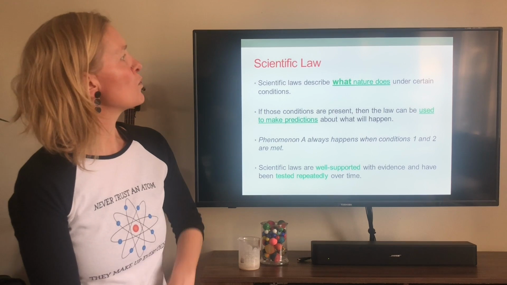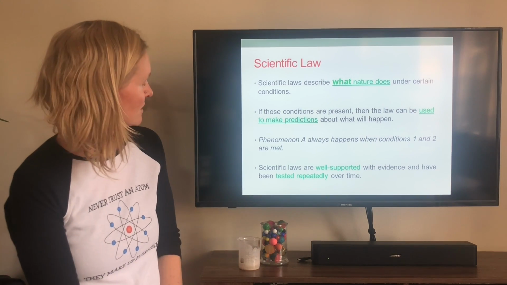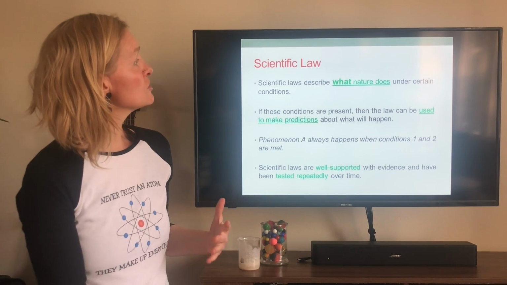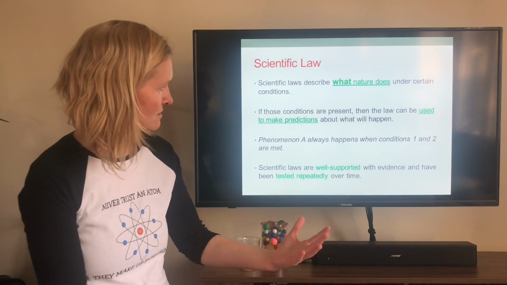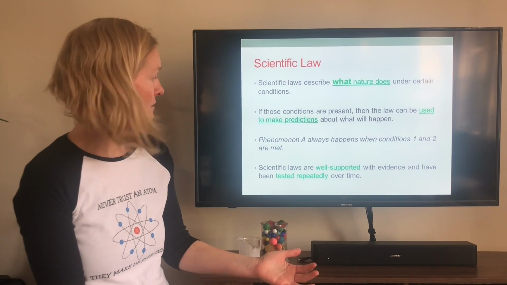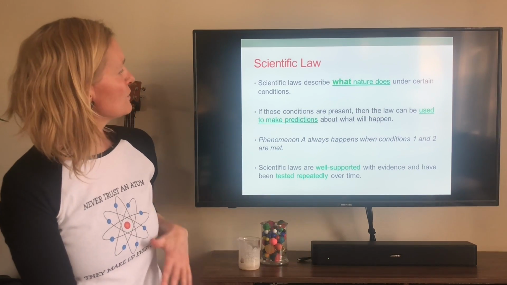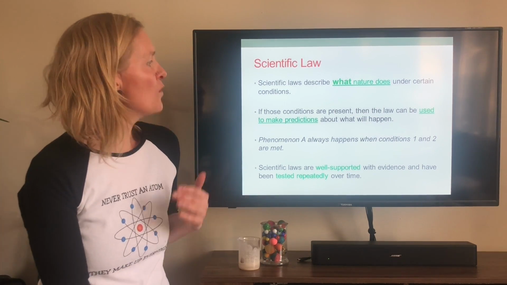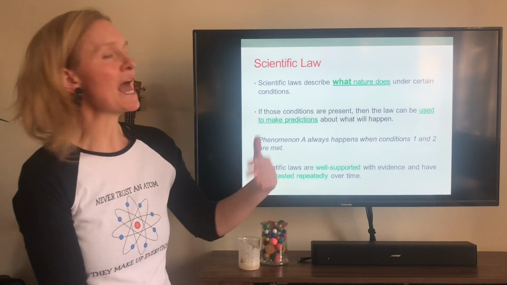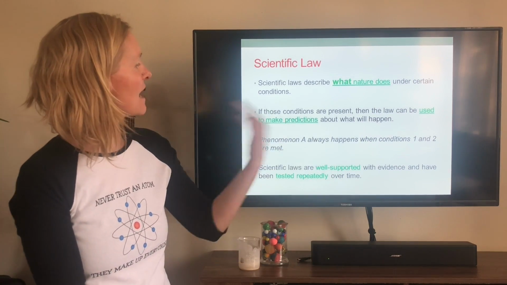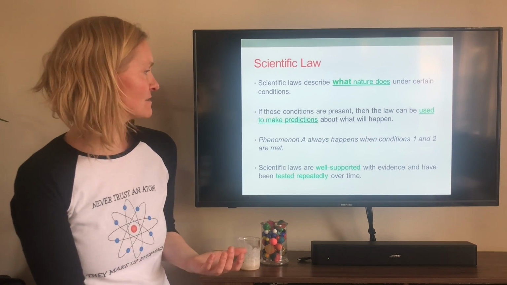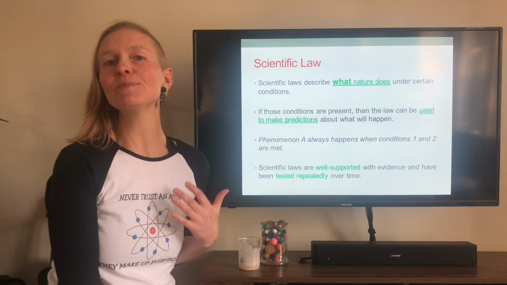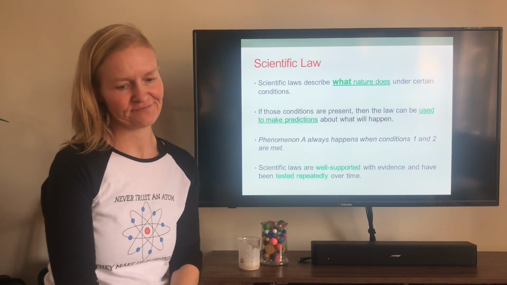Scientific laws describe what nature does under certain conditions. If those conditions are present, then the law can be used to make predictions that should happen every single time. We know that phenomenon A always happens when conditions 1 and 2 are met. Scientific laws are well supported by evidence and have been tested repeatedly over time.